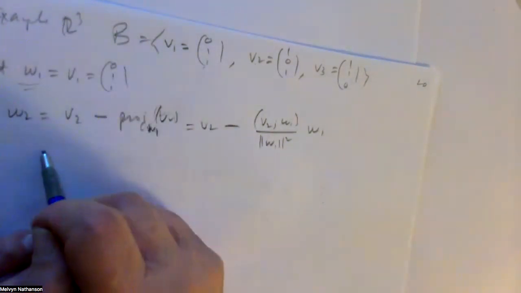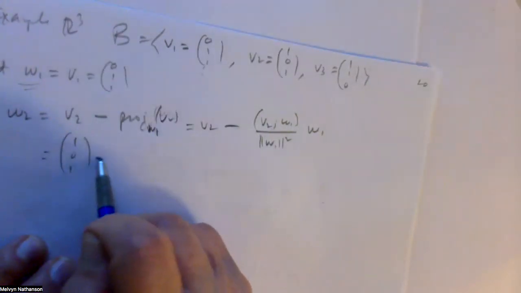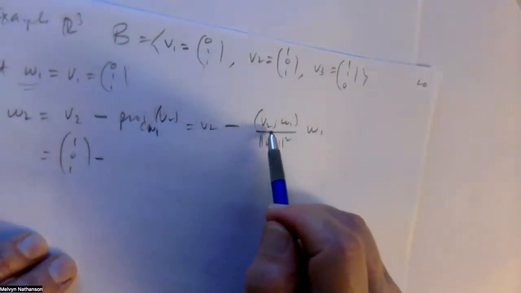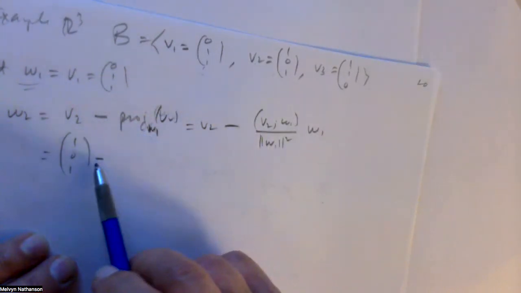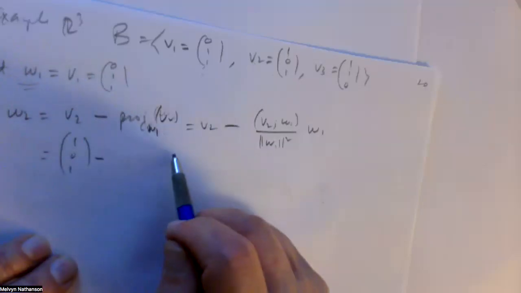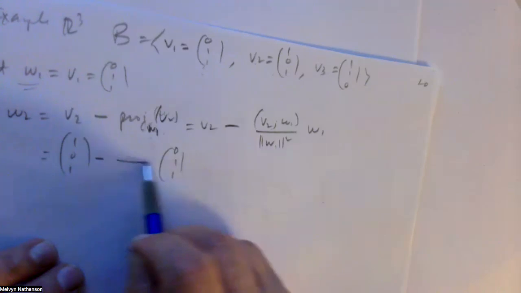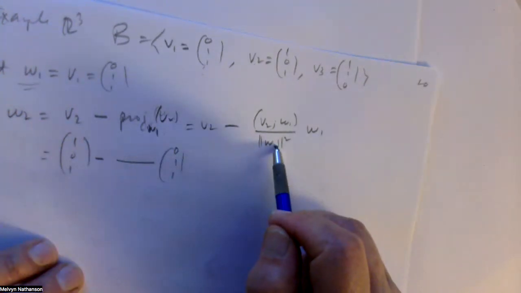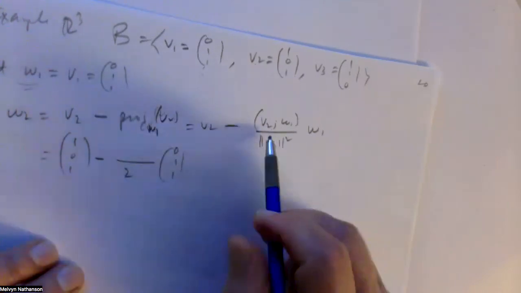What is this? V2 is 1, 0, 1. The projection of V2 in the direction of W1 is going to be a scalar multiple of W1, 0, 1, 1. What is that scalar multiple? The length of W1 squared is 1 squared plus 1 squared, which is 2.